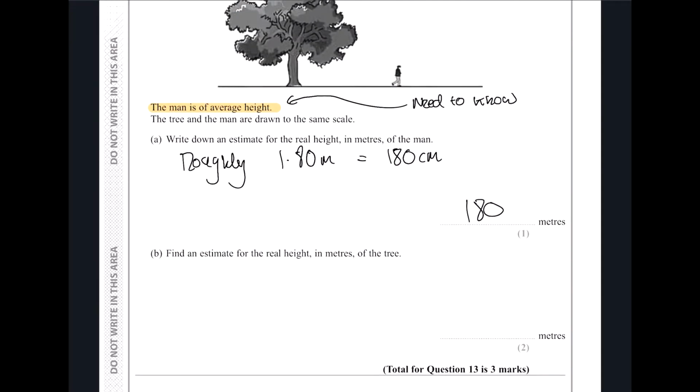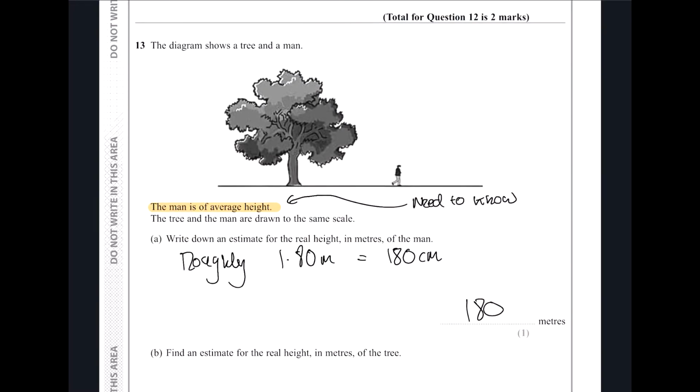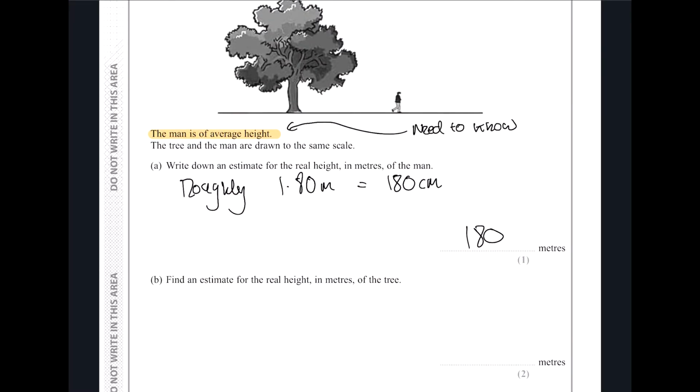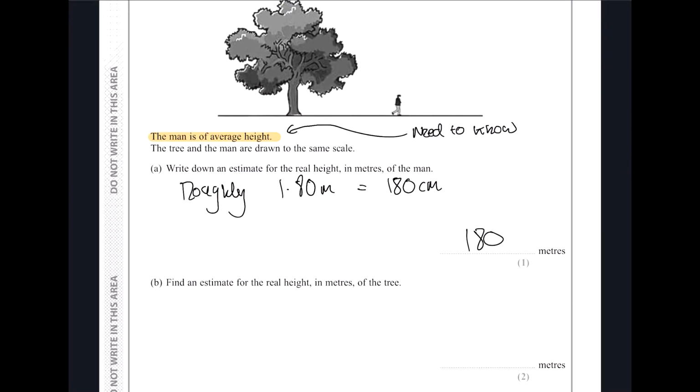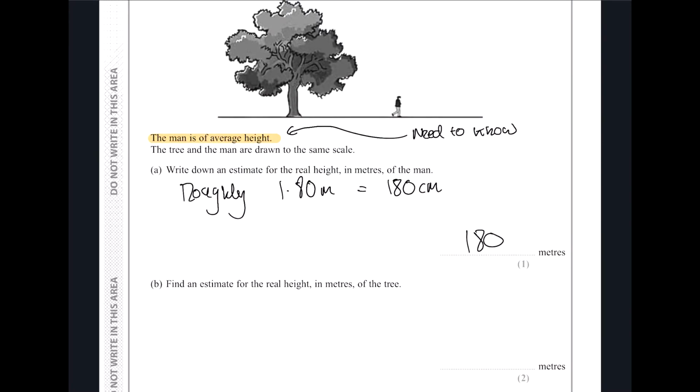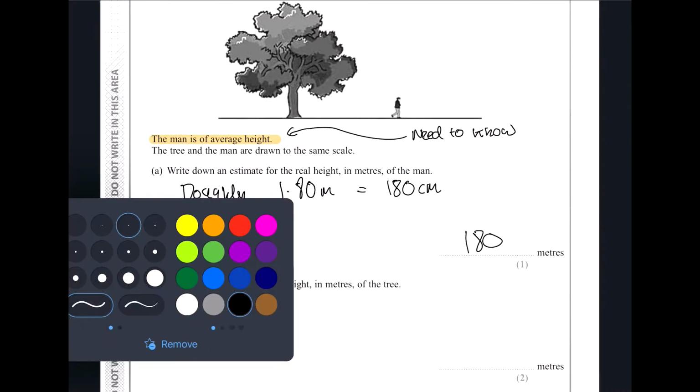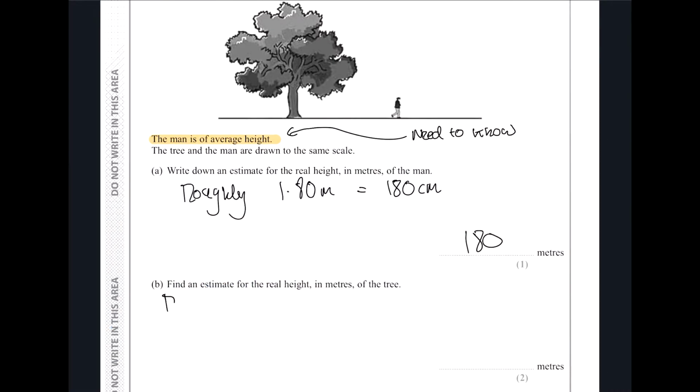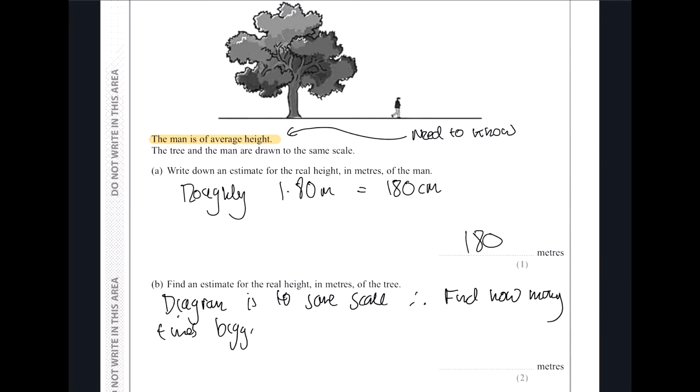Okay, now we can do the same thing. Find an estimate for the real height in meters of the tree. We were told that the diagram is to the same scale. Therefore, find how many times bigger the tree is than the man.